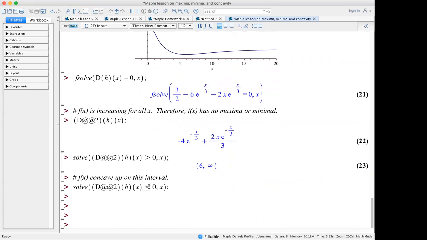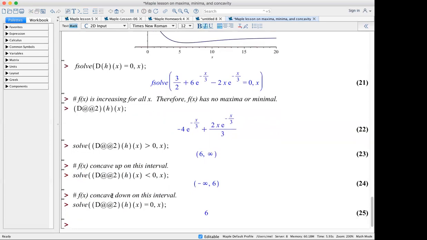When is it less than 0? From minus infinity to 6. So it's concave down on this interval. When is the second derivative equal to 0? That's 6.